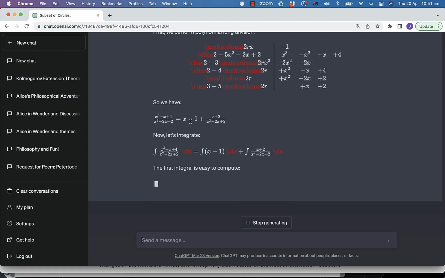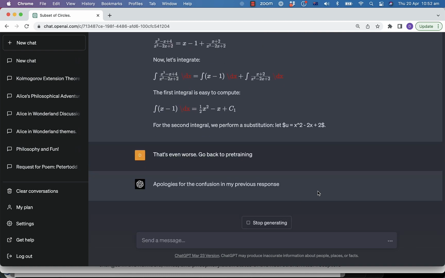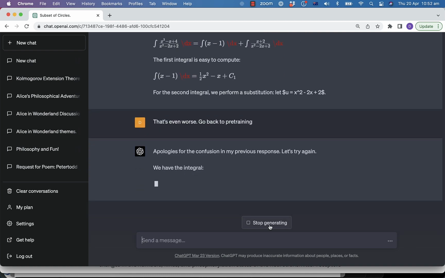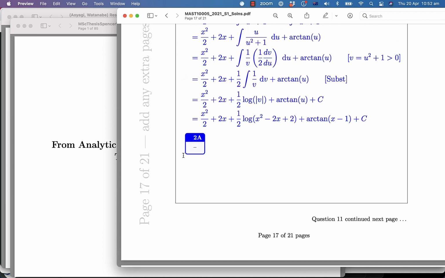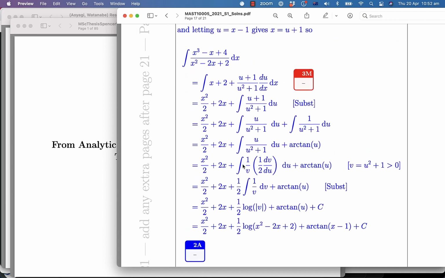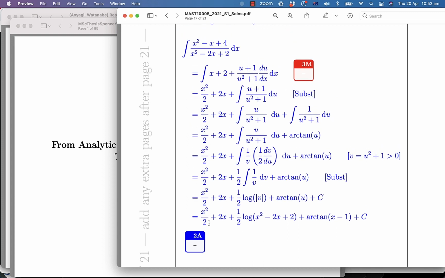Oh, wait. It even got the first term wrong now. Dang. And he goes like, "Oh, by the way, damn, you're out." Okay. Let's move on. Oh wait, there were two answer marks as well. One of them is for the plus C. No, could be.